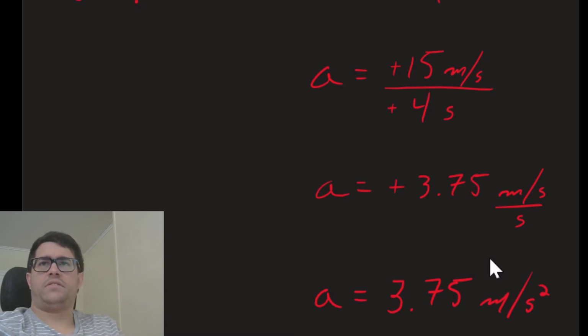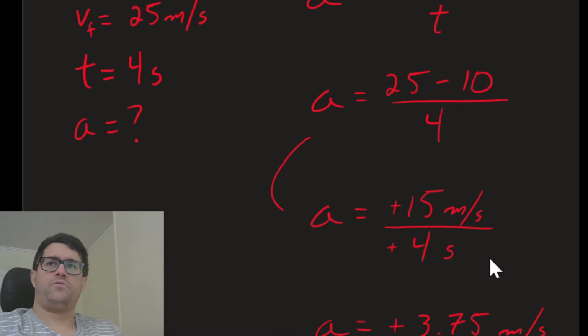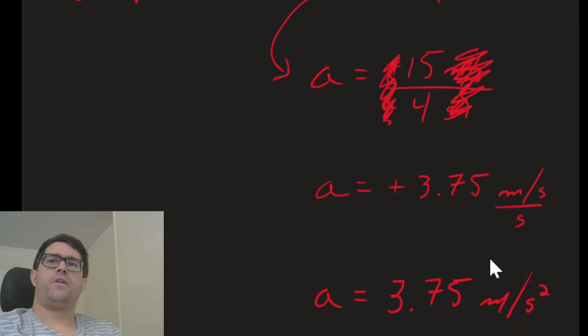Okay, you could basically go almost from here to here. You should take a second to go to that step. You don't have to put the plus if you don't want to put the plus. You don't have to put the units if you don't want to put the units. Get 15 by 4. 15 by 4 is 3.75, but don't forget the units.